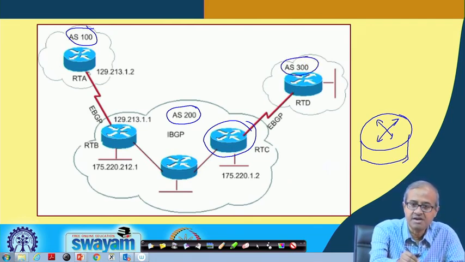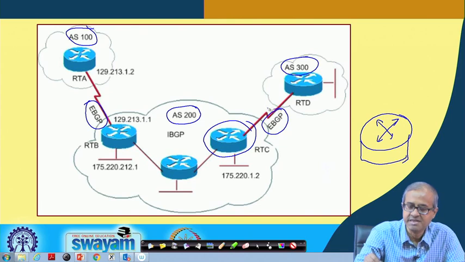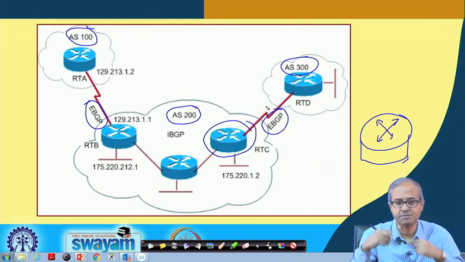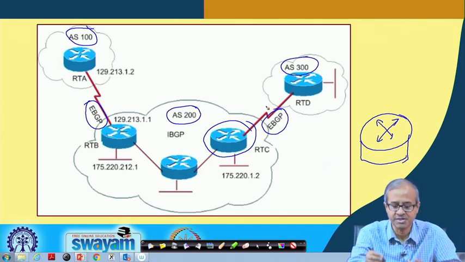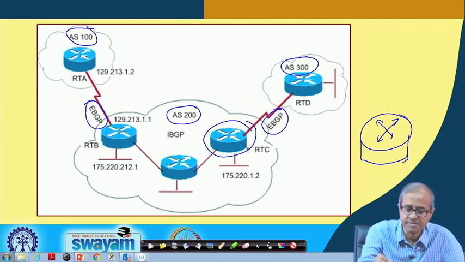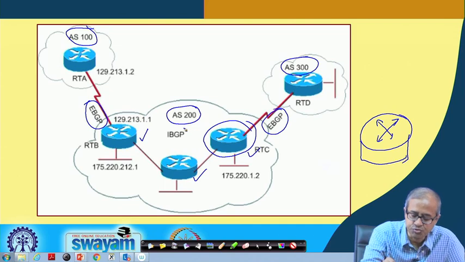So, there are boundary routers which are running exterior BGP, which is the conventional BGP, which is supposed to be used as an exterior routing protocol. But as I said, even inside this autonomous system, these 3 routers can choose to use internal BGP, IBGP.